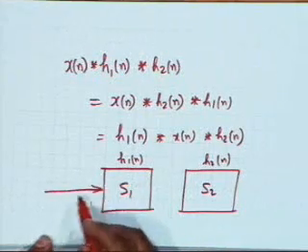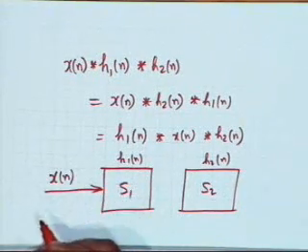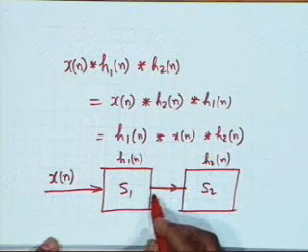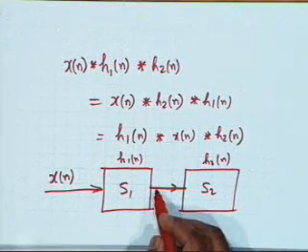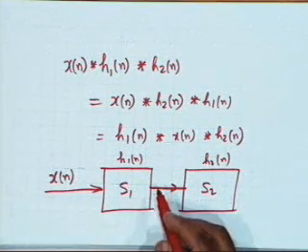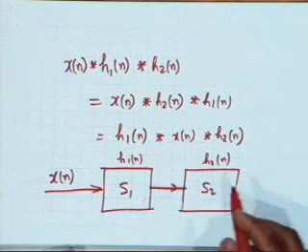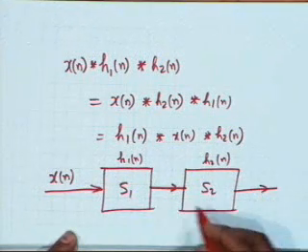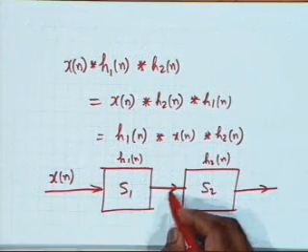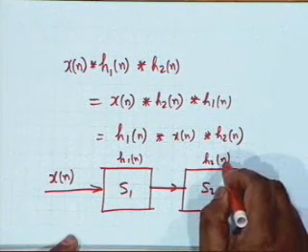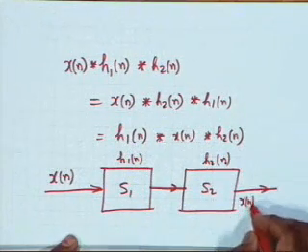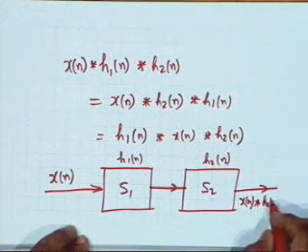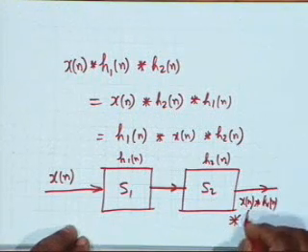Then if I apply an x of n here, the output here shall be x of n convolved with h1 of n, system 1, and the output here shall be this input convolved with h2 of n, and therefore this output shall be x of n star h1 of n star h2 of n.